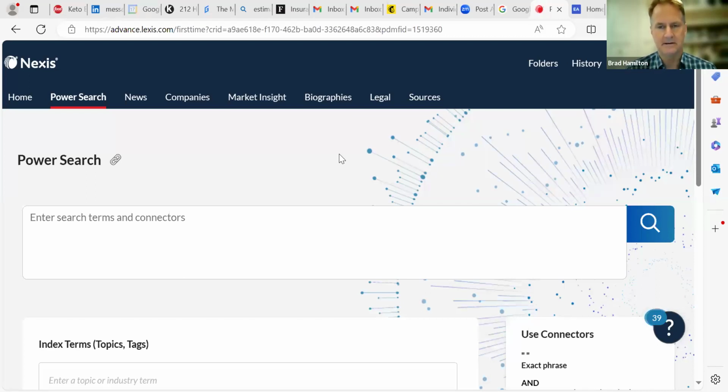So it's a lot of material, but unlike Google, it is not an intuitive search engine. It doesn't interpret what you're asking for, so you have to be very specific in what you ask for. And if you ask for something general, like say Donald Trump, you're going to be overwhelmed by articles.